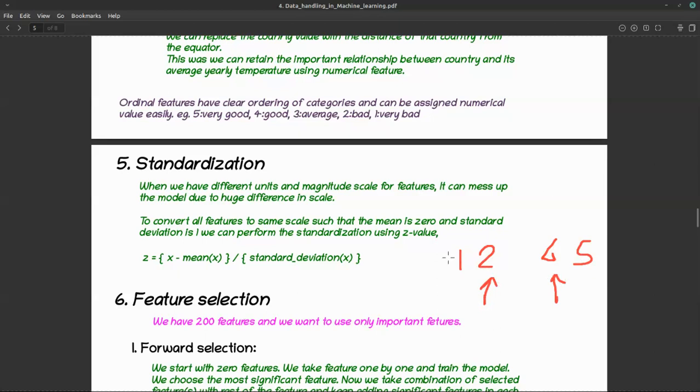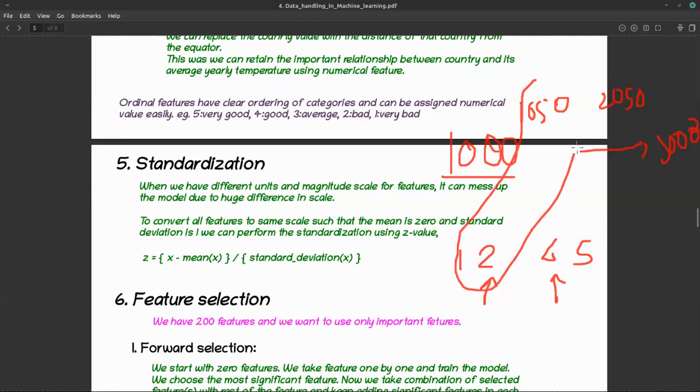But if you compare with the other feature which is going from 1000 to, let's say, 5000, and it goes from 1050 to 2050, there is no very high change, because it is going from 1000 to 5000, right? And if you take the distance of this point and this point, it would be very small.